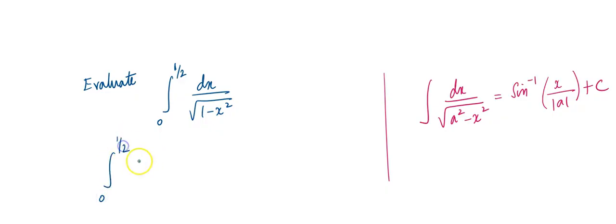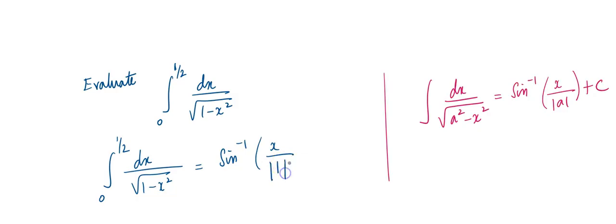The integral from 0 to half of dx over the square root of 1 minus x squared will be sine inverse of x over, just for emphasis, I'm putting in the absolute value bars around 1, so you know I just substituted this. There is a plus c, but that was for the indefinite integral. Because this is a definite integral, again to avoid confusion with the absolute value and all that, I am putting it as a bracket.